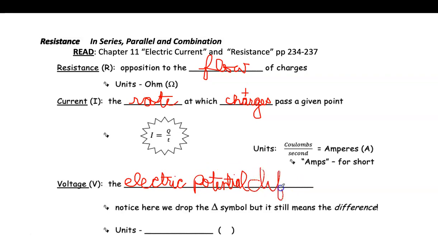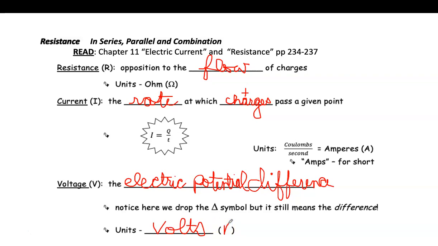Let me see if I can spell. It is a difference, but we have dropped our delta symbol. When we're talking in currents and circuits, you're going to be seeing it more as V for voltage rather than V for electric potential. And the units of electric potential, remember, are just our volts. And those units are capital V for short.